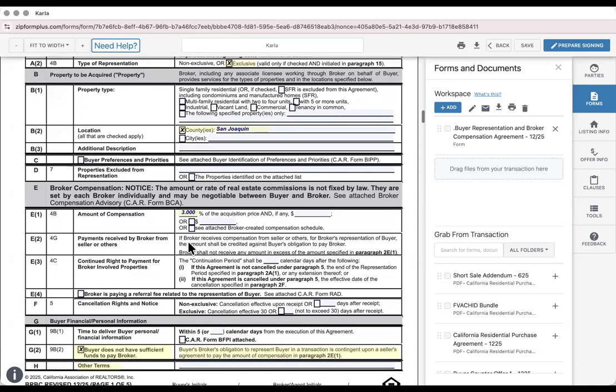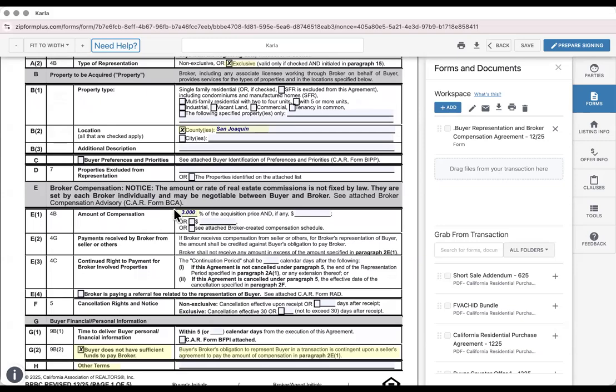Okay. So, amount of compensation. This is what I always put. I always put 3% commission because you cannot negotiate your commission up, but you can negotiate your commission down. So I always start at 3% and then negotiate down from there.